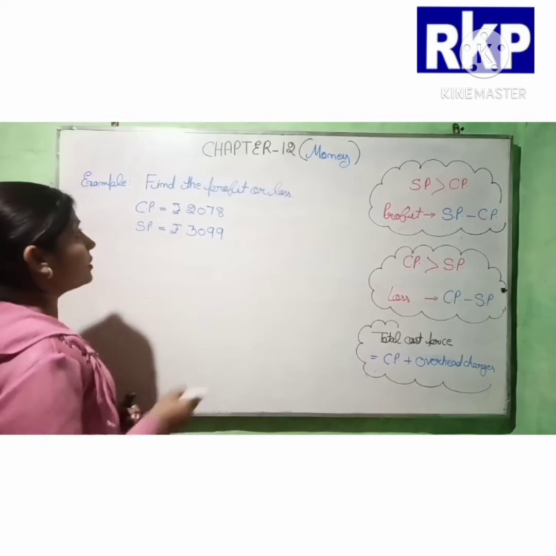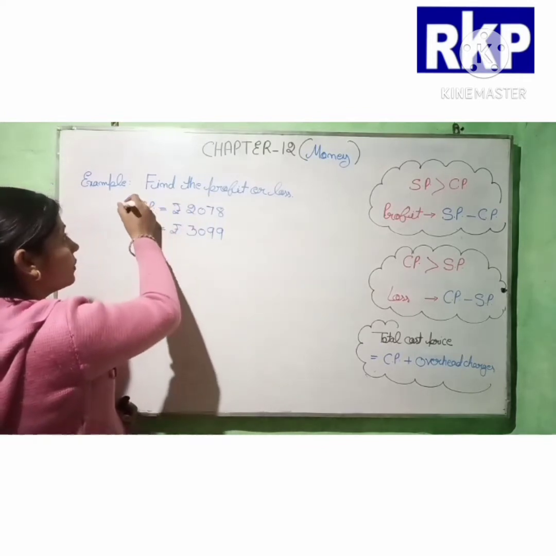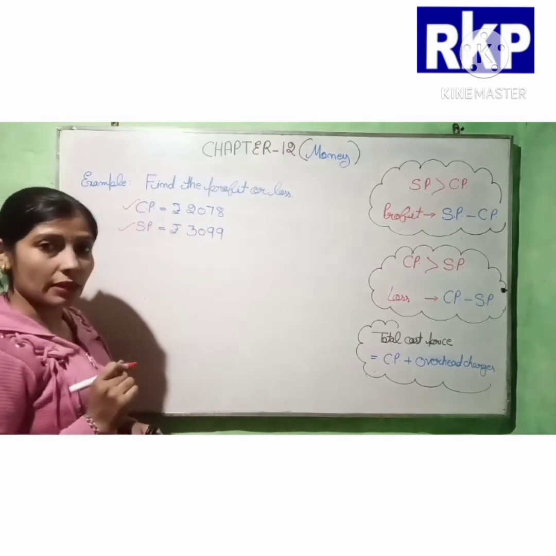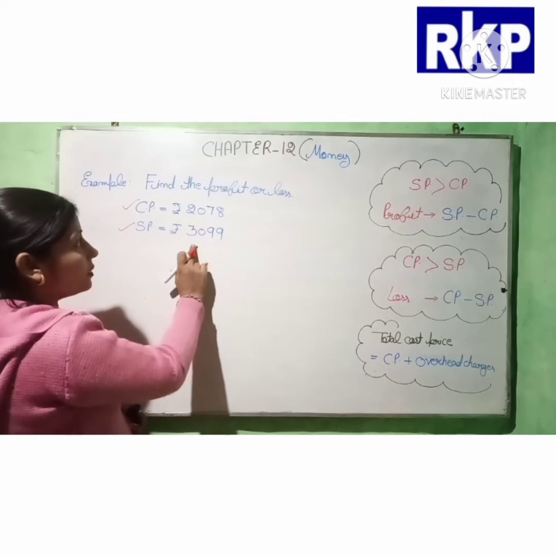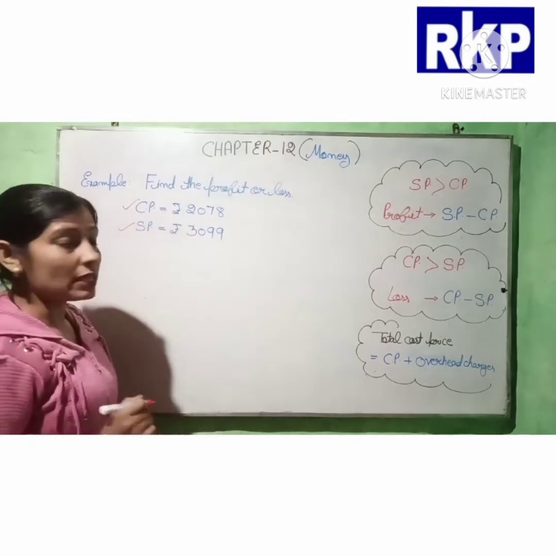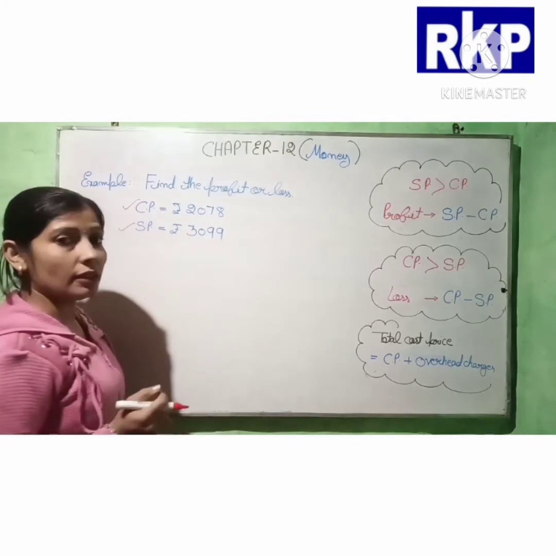Here we have to find profit or loss, and we have cost price and selling price. Cost price is 2,078 rupees and selling price is 3,099 rupees.